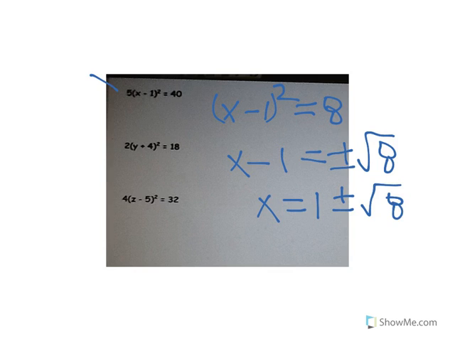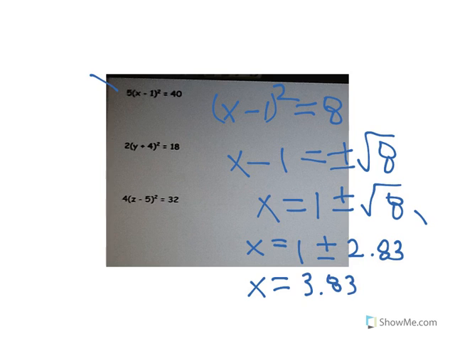That value is 2.83. When we do that, we're going to end up with x is equal to 3.83, that's one possibility, or x is going to be equal to negative 1.83. I believe that's correct.